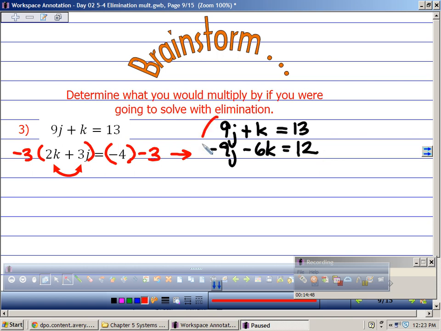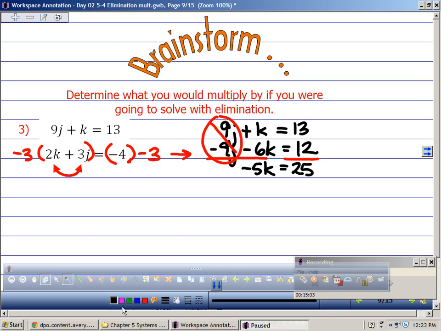Now we have opposite coefficients, so they'll cancel each other out. And when I simplify my equation, I get, what's 6K and negative 6K and positive K? Negative 5K equals 25.